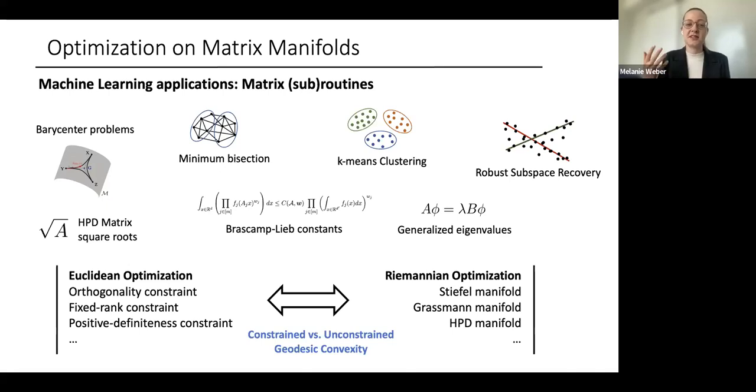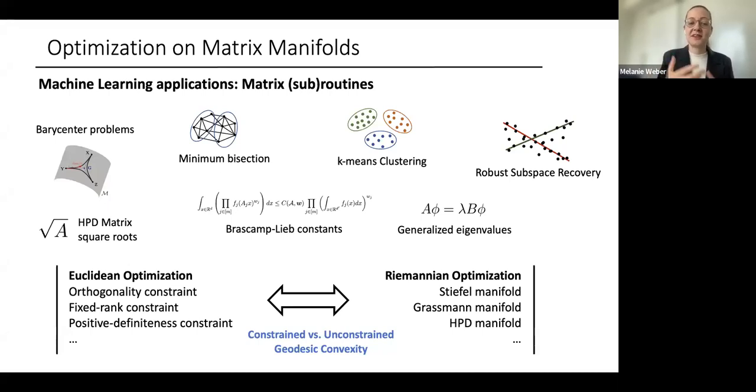Now when we want to solve such optimization problems, we could take a Euclidean perspective. We could say that matrices are vector spaces, so we can use Euclidean optimization algorithms to solve them. In that case, the class of matrices over which we're optimizing enters as a constraint. For instance, if we want to solve an optimization task over orthogonal matrices, then we would impose an orthogonality constraint.